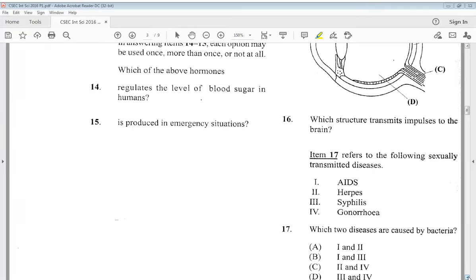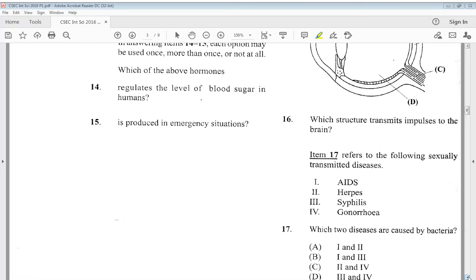Item 17 refers to the following sexually transmitted diseases. 1, we have AIDS. 2, herpes. 3, syphilis. 4, gonorrhea. 17, which two diseases are caused by bacteria? So which of those two?